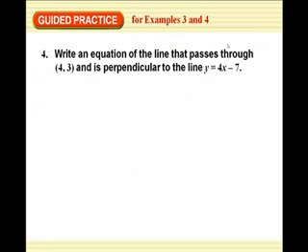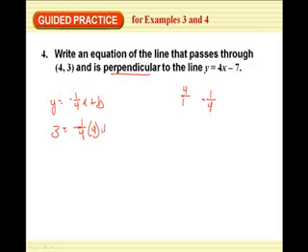So again, the slope, we want it perpendicular. So if this one is 4, we need the negative reciprocal of that. So y equals -1/4 x plus b. Let's see, 3 equals -1/4 times 4 plus b. My 4's are going to cancel out. That's a -1, right?